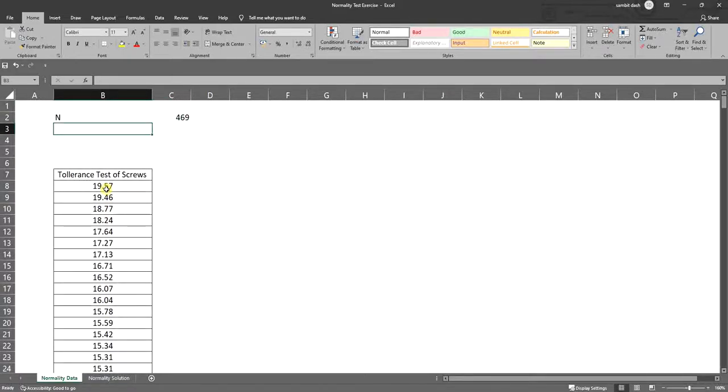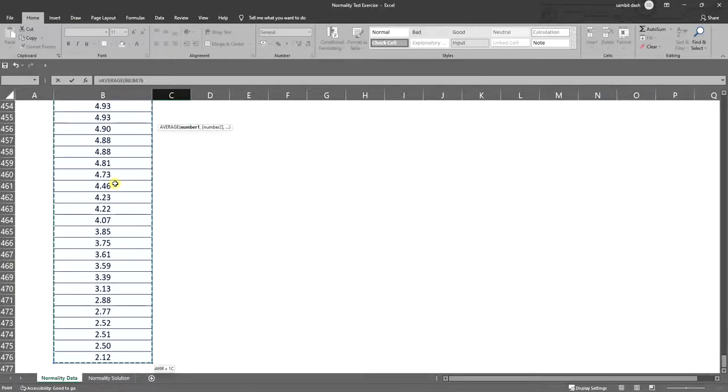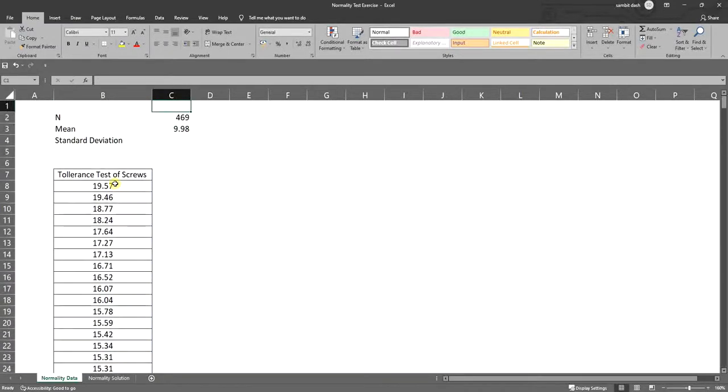Then I can also do the mean and standard deviation. The mean should be average. I'm so sorry, what I am saying. Then standard deviation. Here you have two options, standard deviation P and standard deviation S. But since this is not population data, I'll go with standard deviation S, which is for sample data.